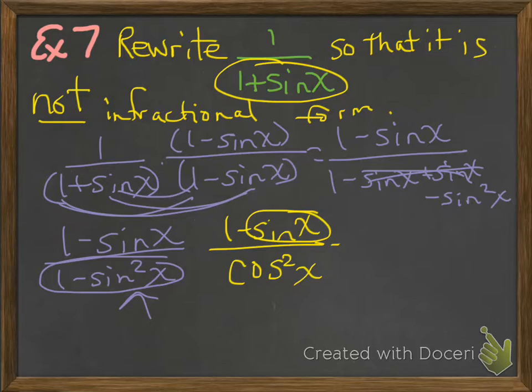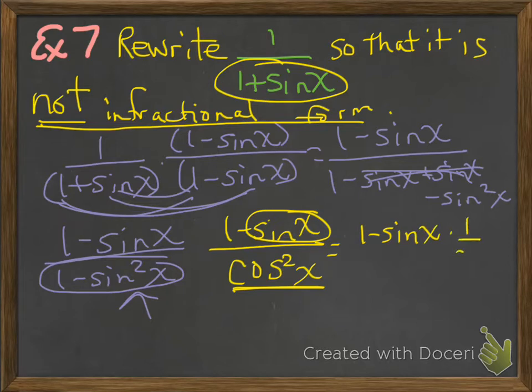But we do know that our goal was to get it so it's not in fraction form. Since this is one term and I have a cousin of this term, it's really like saying 1 minus sine x times 1 over cosine squared x.